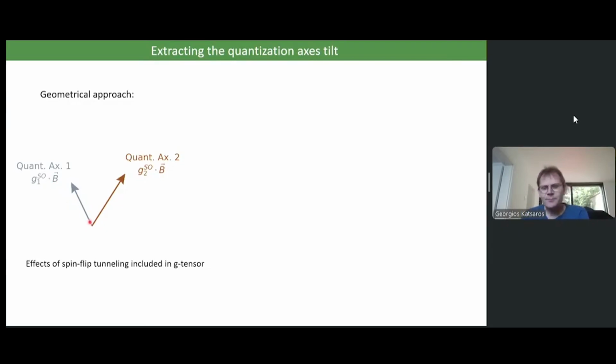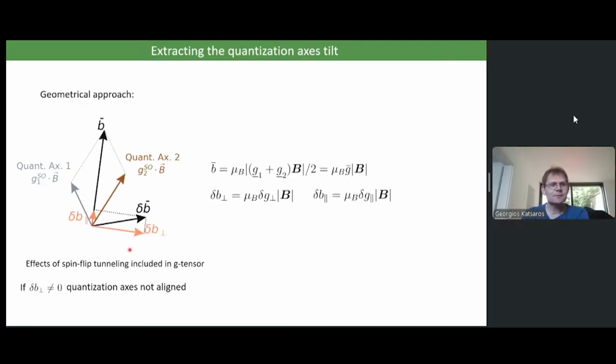So if you do a bit of geometry, let's assume that that's the quantization axis of the left dot, and that's of the right dot. We can do a bit of geometrical projection. That is the addition of those two vectors. We can also subtract the two vectors.